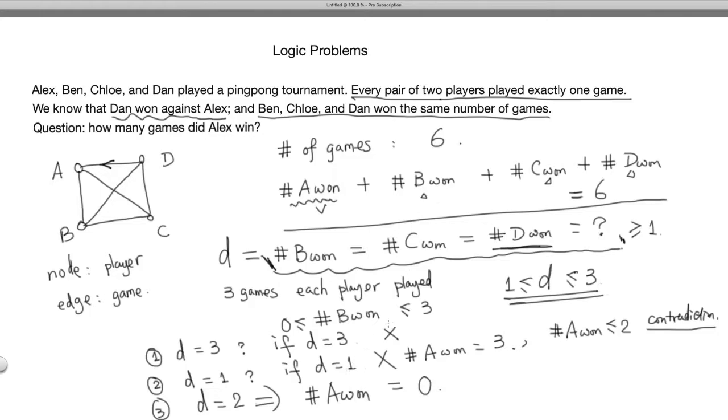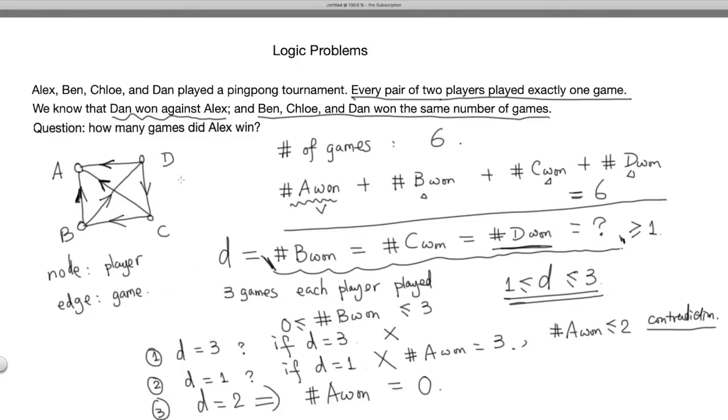All right. Now let's see if it's actually possible. Ben is going to win 2 games. Dan won against Alex, Chloe won against Alex. And among these 3, B won 1 game, D won 1 game, and C won 1 game.